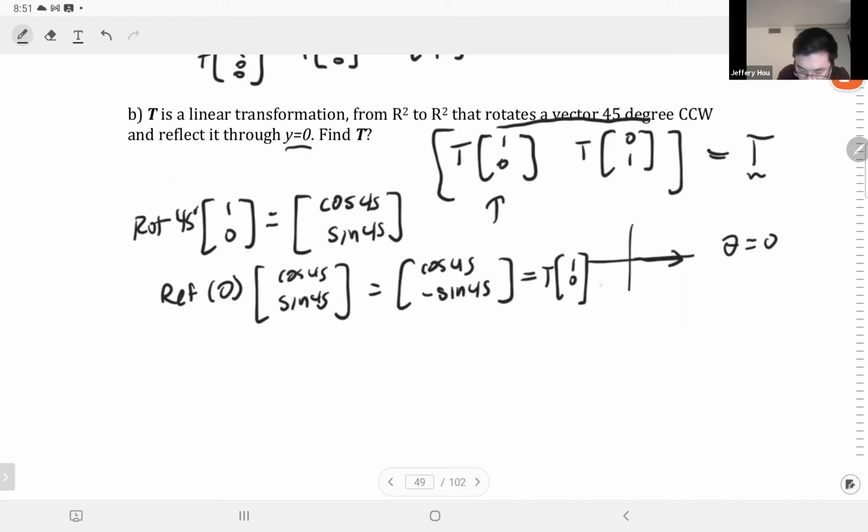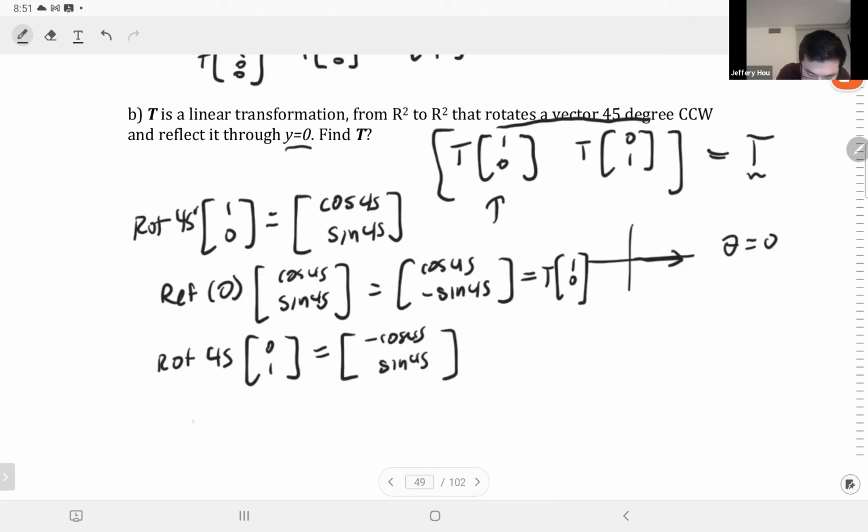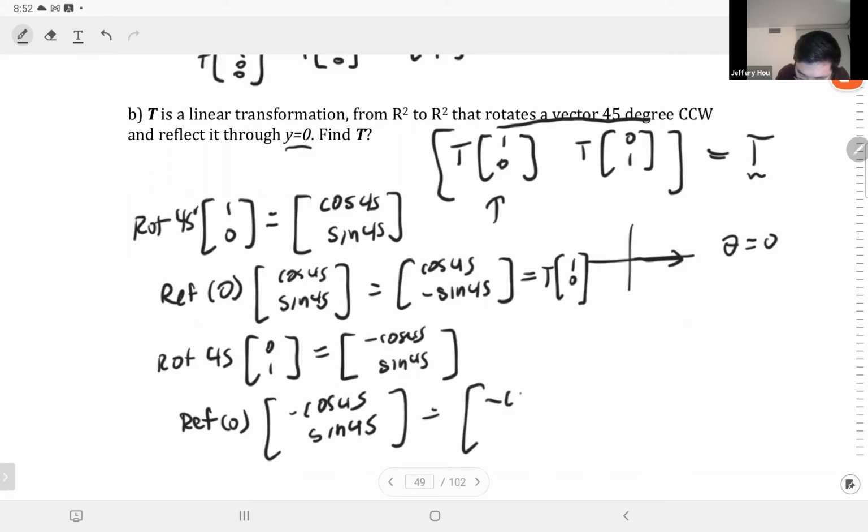Do the same for (0, 1). Rotating (0, 1) by 45 degrees gives negative cos 45 and sin 45. Then we reapply the reflection to this, (negative cos 45, sin 45), and we get negative cos and negative sin.